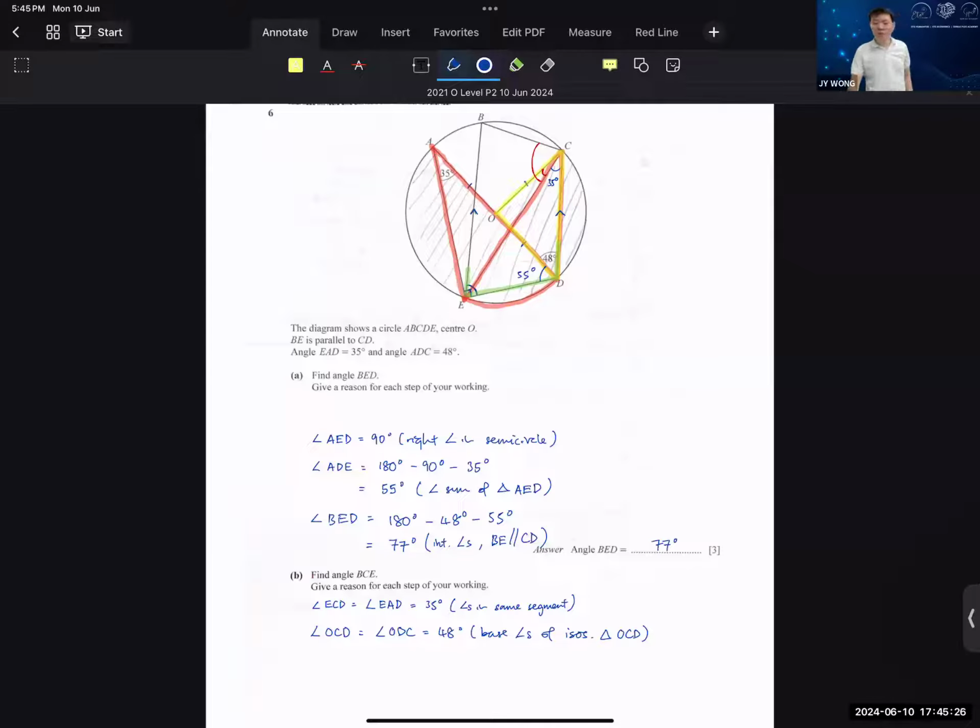Okay. So we have found OCD, we have found ECD, and therefore we can find OCE. Correct? Which angle do they want me to find? Oh well. They want BCE. Okay, so actually I didn't do it that way, but it's fine.